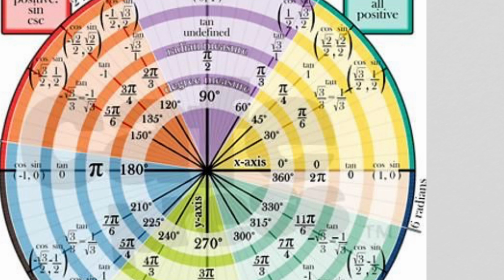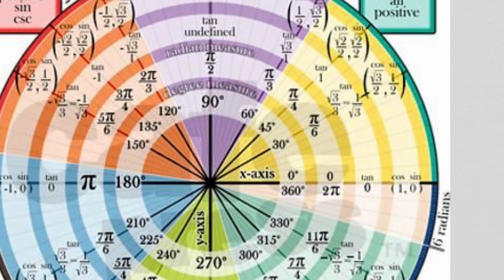Okay, so we have 0, 30, 45, 60, and 90 degrees on the unit circle. 30 degrees is pi over 6, and its coordinates are square root 3 over 2 for cosine and 1/2 for sine. 45 degrees is pi over 4, and the point is square root 2 over 2, comma, square root 2 over 2.